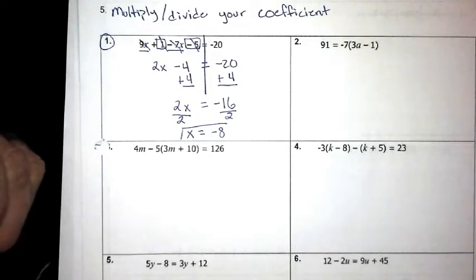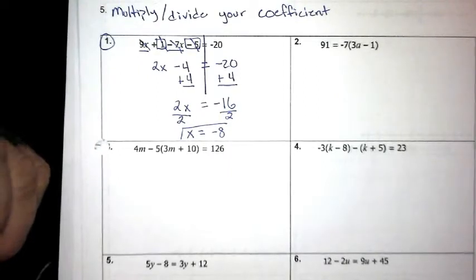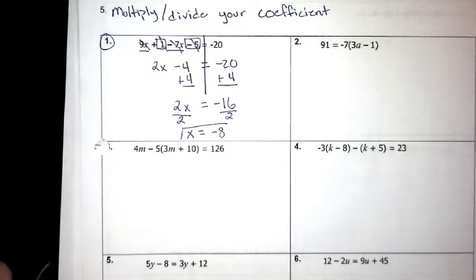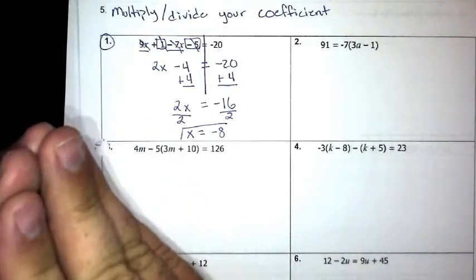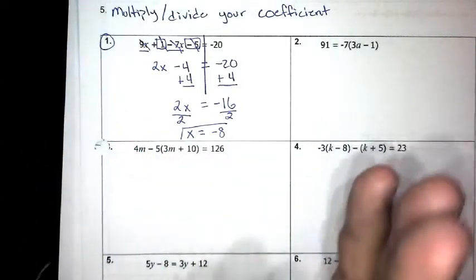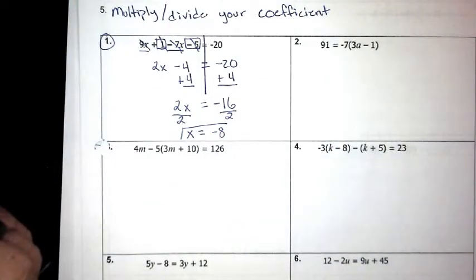And you're done. That didn't seem too tough, did it? All we did was take what we learned on day 1 and combined it with what we learned on day 2 of notes. That's all we're doing.